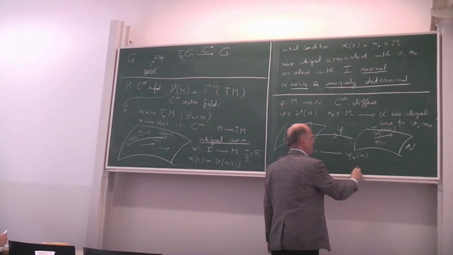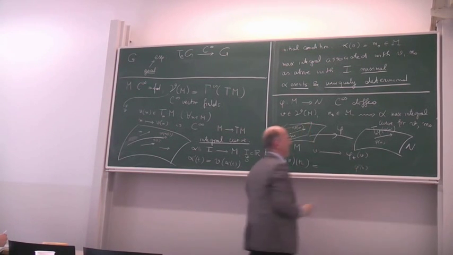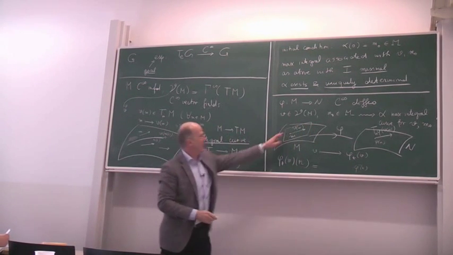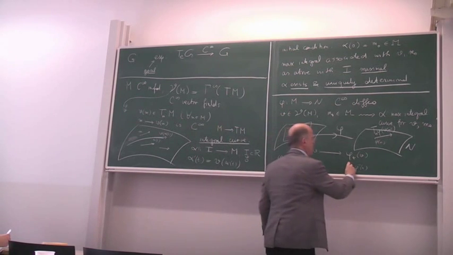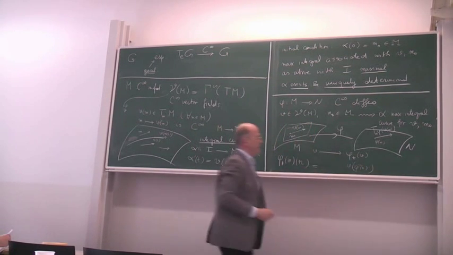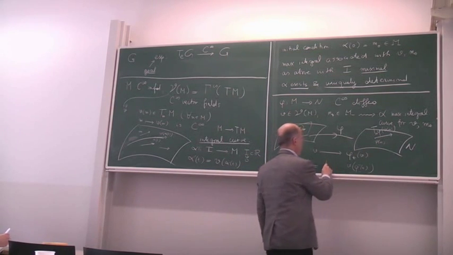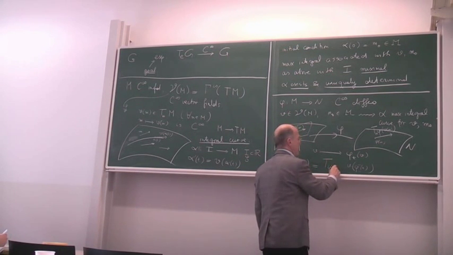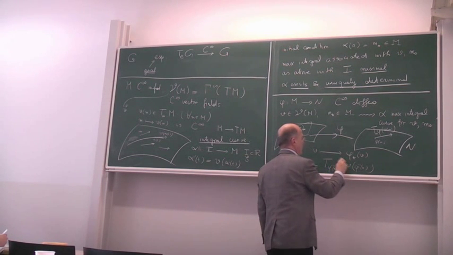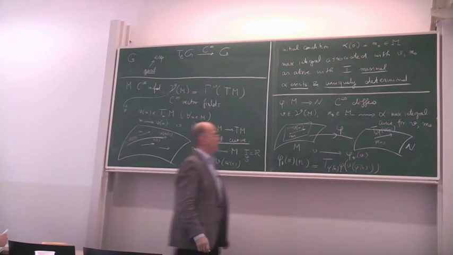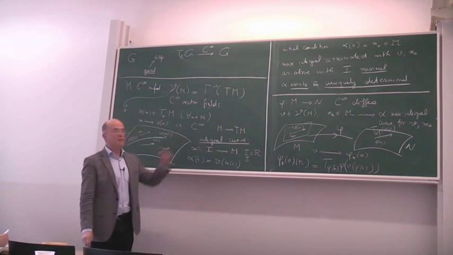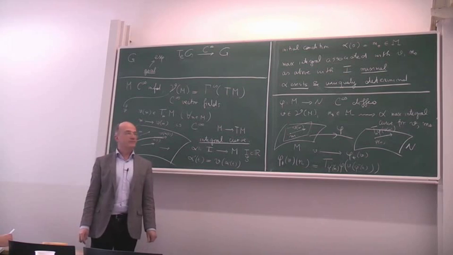This is phi inverse of n. And then we can take the vector field at that particular point. And then we should apply the tangent map to get back here. So we apply the tangent map of phi at phi inverse of n to the given tangent vector. So this is the formula for the push forward.